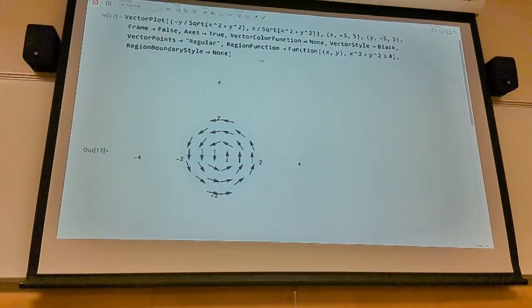Right, or filling. Right, or change the color of the. And so you can do some real fun things with it.